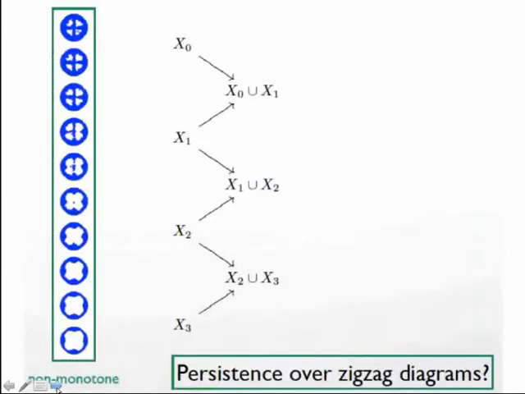Well, one way to handle this is zigzag diagrams. We want to compare, for example, this one here to this one here. Well, there's two ways to compare it. I can take a look at x0, and I can take a look at x1.